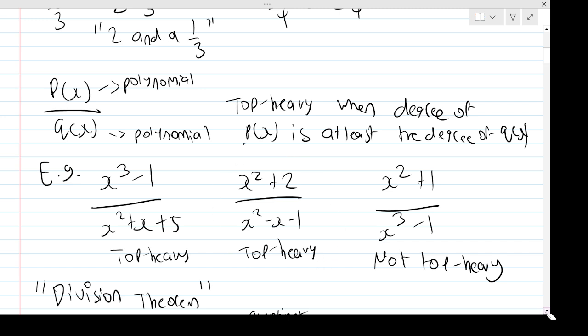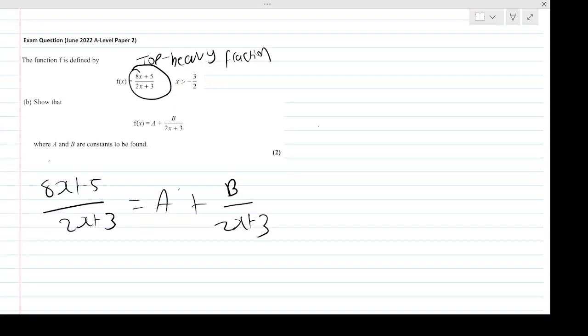The only time it isn't a top heavy fraction is if the power on the top is strictly less than the power on the bottom, okay? So in this case it's not top heavy because x squared is less than x cubed. However, in this case, the highest powers are indeed x and x, right? So that is a top heavy fraction, so we can do division.